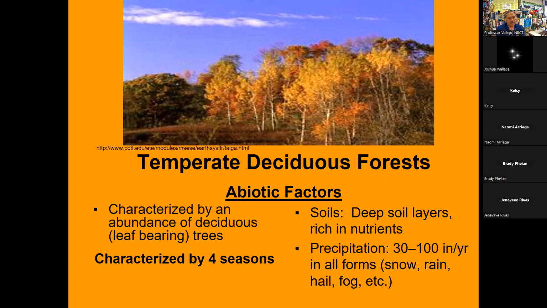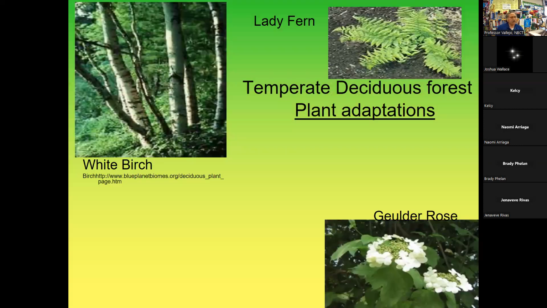And we have deep soil layers that are rich in nutrients, and a precipitation pattern of 30 to 100 inches per year. But that includes all different types of precipitation, not just rain, but also snow. So much of the population lives there and is familiar with snow.